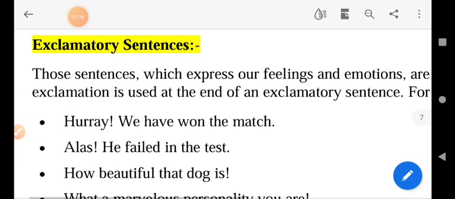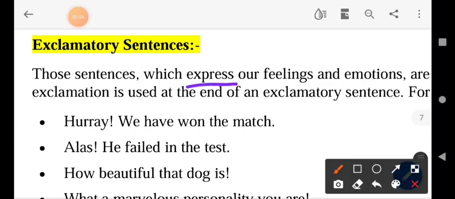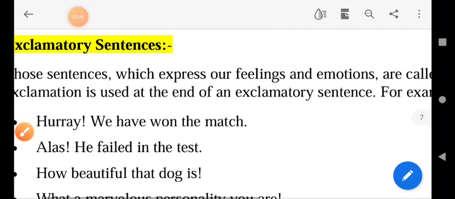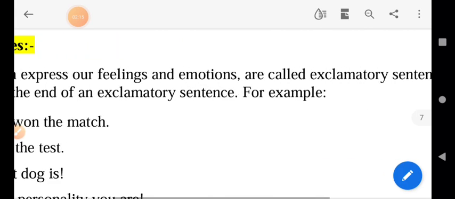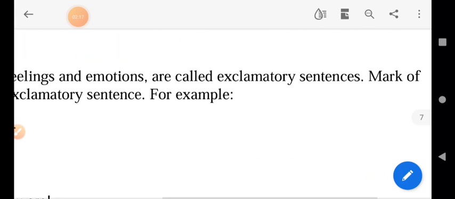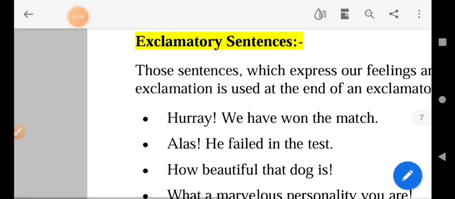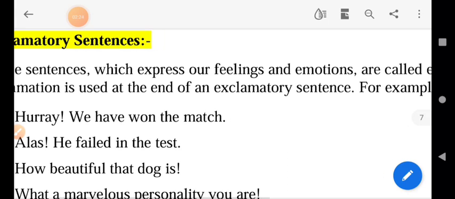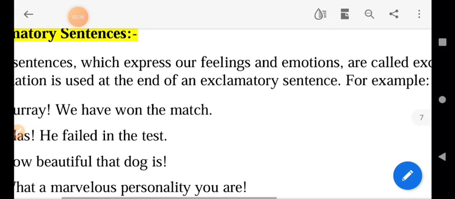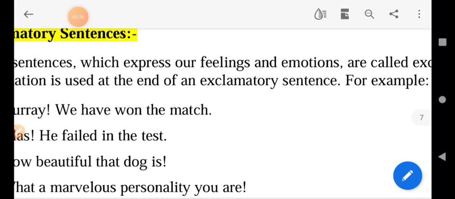Those sentences which express our feelings, emotions are called exclamatory sentences. The exclamation mark is used at the end of an exclamatory sentence. This is the definition of the exclamatory sentence.